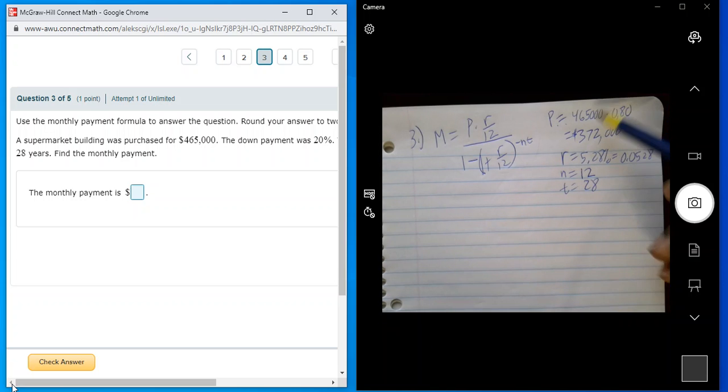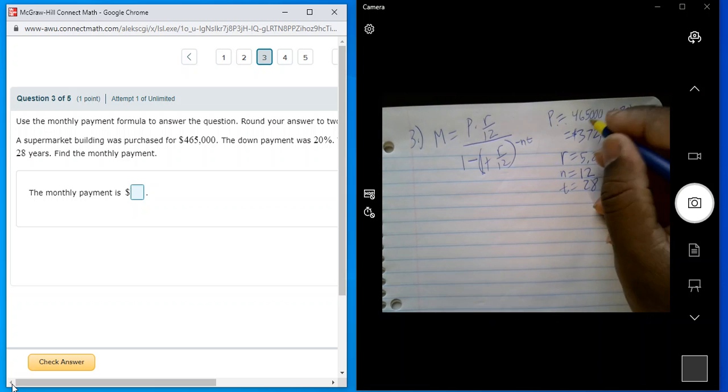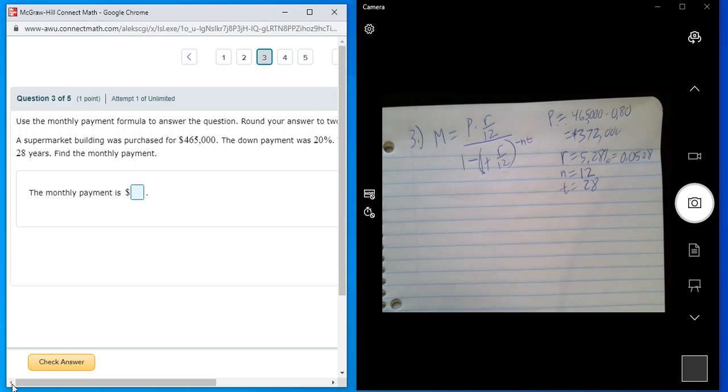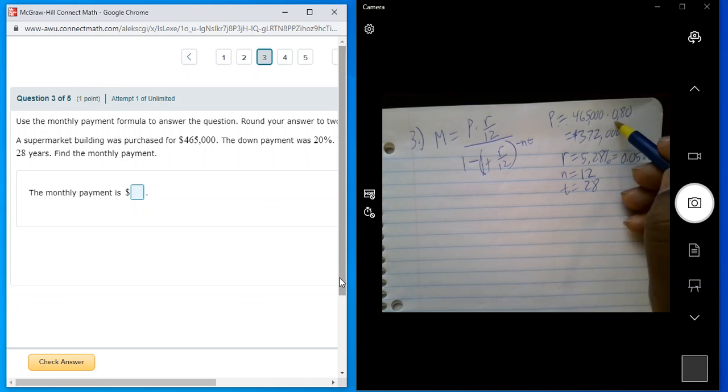We got our principal, we have to take out the down payment. So we know if we'd have paid the whole 465,000, that would have been 100%, but it's 20% less of 100%. So that's how we multiply by 0.80. So if it would have been a 30% down payment, we'd have multiplied it by 0.70.